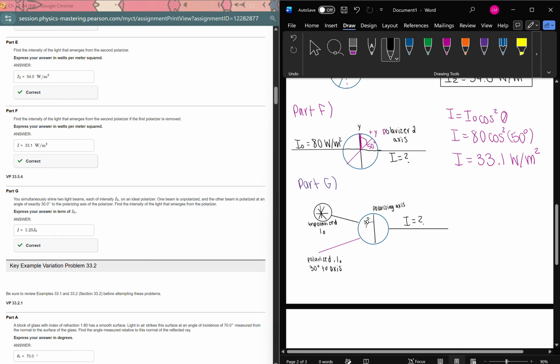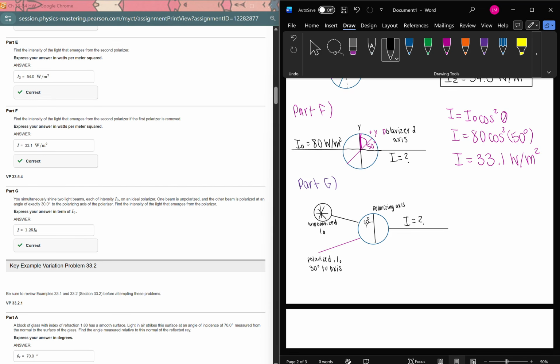Okay, let me explain. There are two separate light beams entering the same ideal polarizer. One beam is unpolarized and the other beam is polarized with an angle of 30 degrees to the axis, which I tried to draw. We have to find the intensity of the light that emerges from the polarizer.